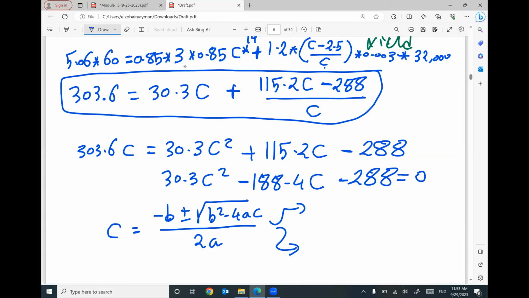I got C equals 1.3 inch. Looks like it's wrong. Let me check it one more time.